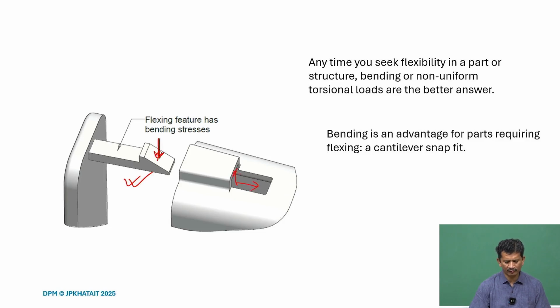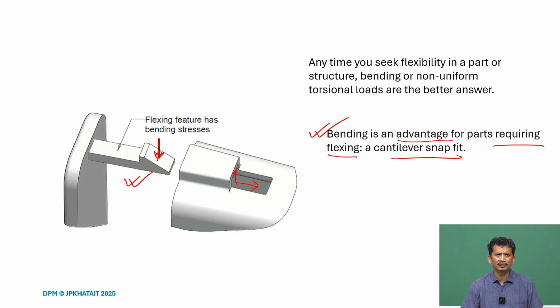So, it comes in the wedge, and when we try to insert, it should flex, we can insert it easily, and then it springs back and provides us the locking. So, bending is an advantage for parts which require flexing, right. So, for instance, a snap fit we are designing. Similarly, we can also say for torsion.